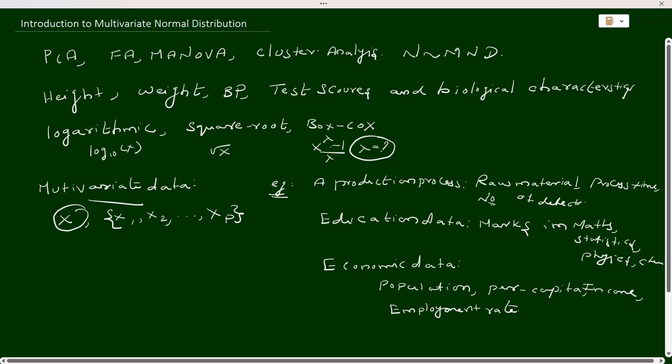Since several variables are measured simultaneously, in all these examples which we have seen, we have taken several variables, and all these variables are studied simultaneously. The observations are called multivariate observations.